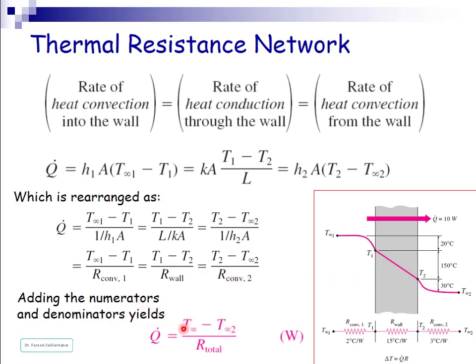Then we can write this equation for the whole wall, that Q dot, or heat transfer from the fluid at the left side of the wall to the right side of the wall, can be written like here: (T infinity 1 minus T infinity 2) divided by the total thermal resistance.